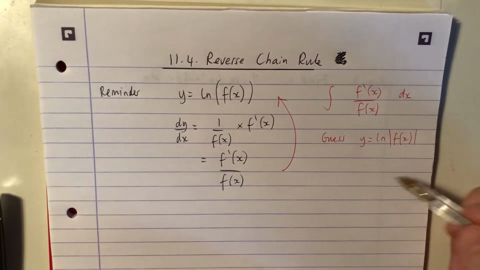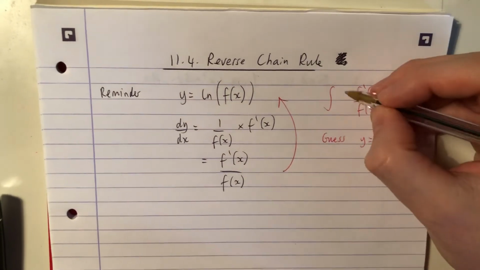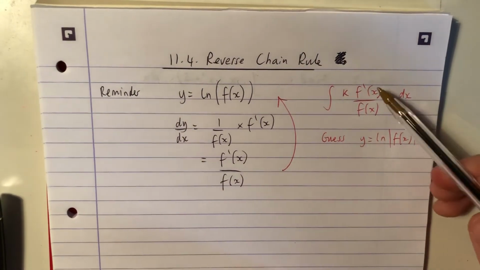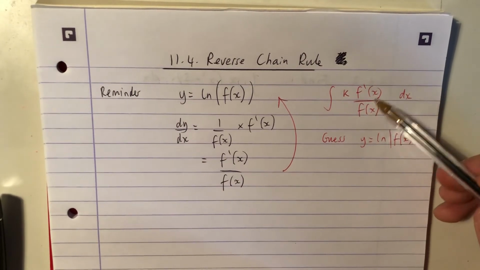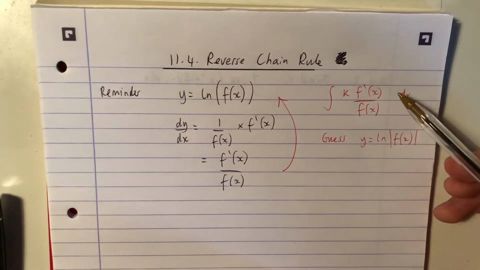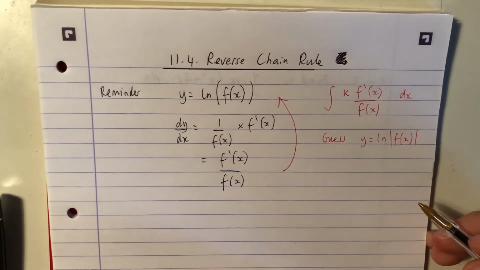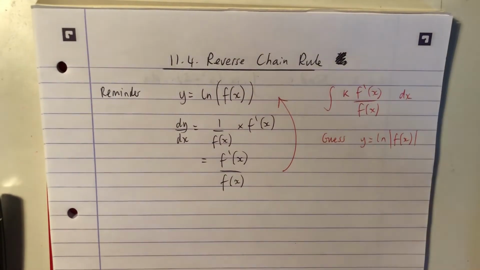Now, you're not going to get this perfect. It's going to be a multiple, so I'm going to write k for a multiple. But that's what your guess would be. If you see function on the bottom and its derivative on the top, you're going to guess y is equal to ln f of x today. That's one thing you have to do.